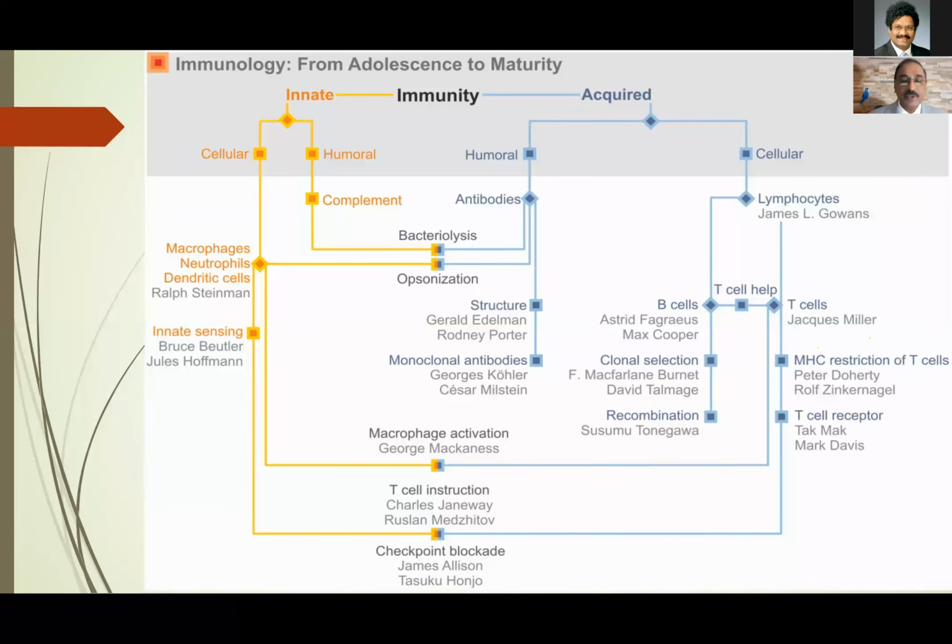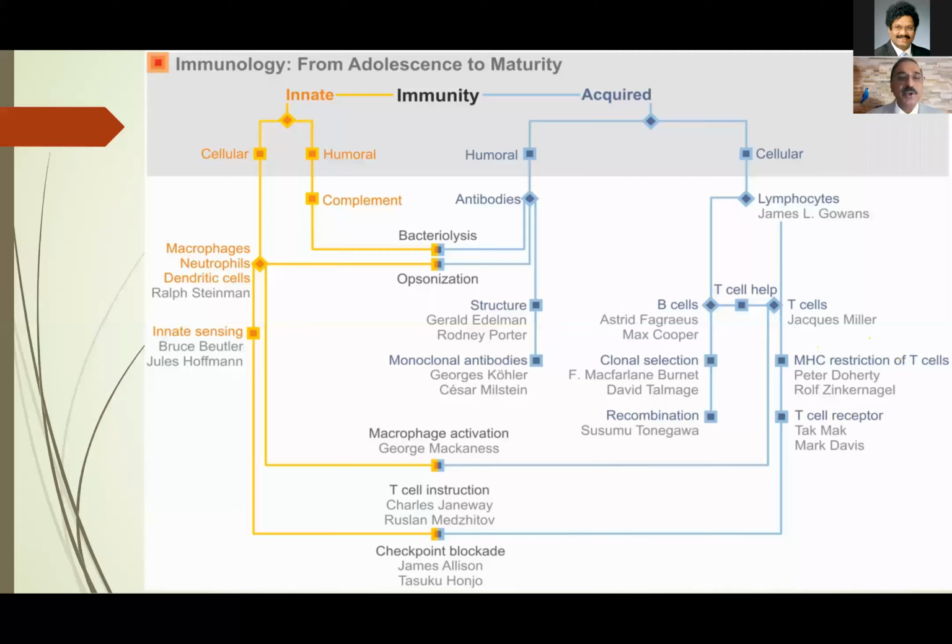And now, for the future, we are looking more into checkpoint blockade. This is the new concept. Checkpoint blockade is like blocking an antigen before it works, or the cytokines, or help to the T cells. And once the function is finished, they stop the immune system. So these are the kinds of things we are going to see in the future.